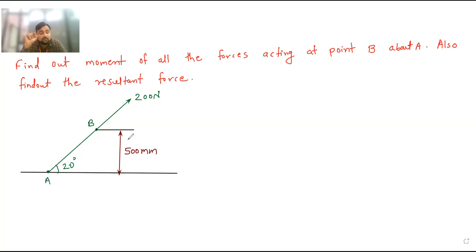They do not tell you that the system is in equilibrium. If the system is in equilibrium, then summation Fx is 0, Fy is 0 and moment is 0. If the system is in equilibrium, then resultant force is 0. Here they have not mentioned that the system is in equilibrium, and contradictorily they told us to find out the resultant force. Okay, so now how to solve this numerical?